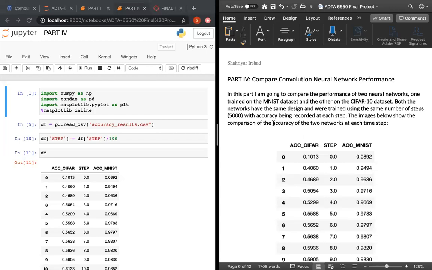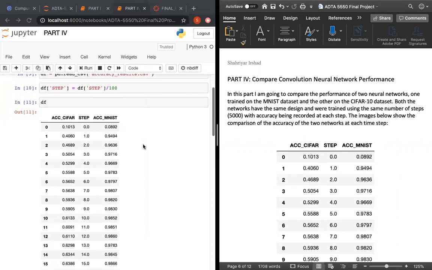I saved the accuracy levels, the 50 data points obtained from the training process from both of these models into a CSV file to do the comparison.